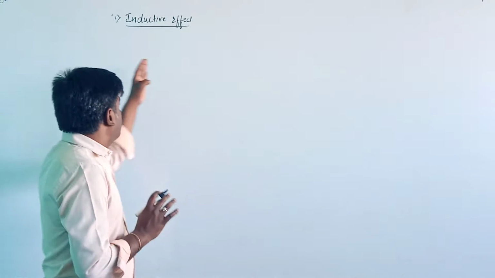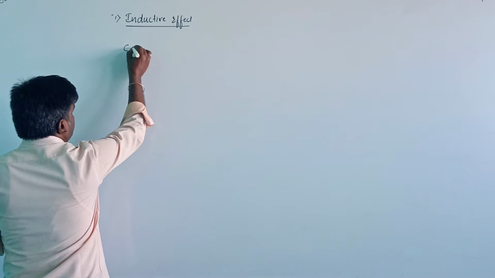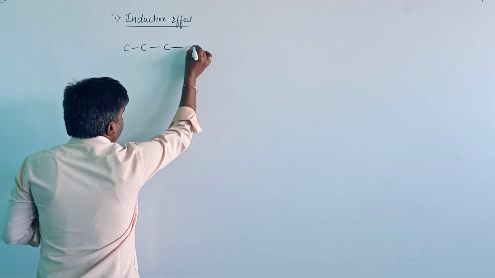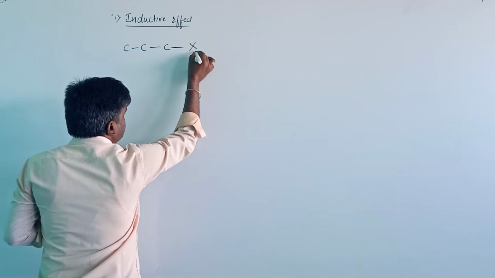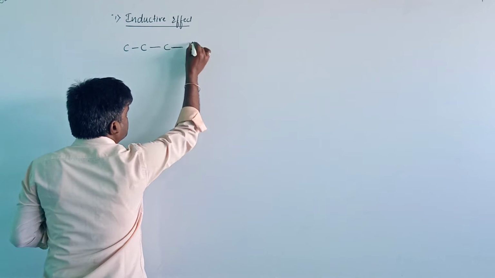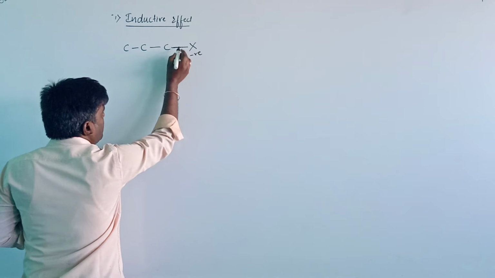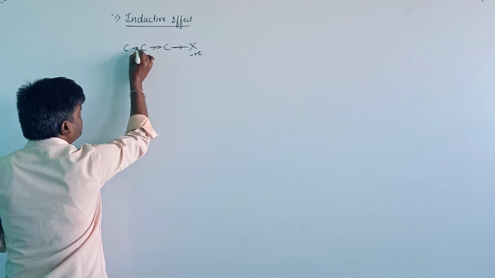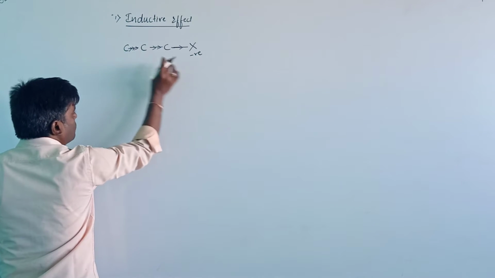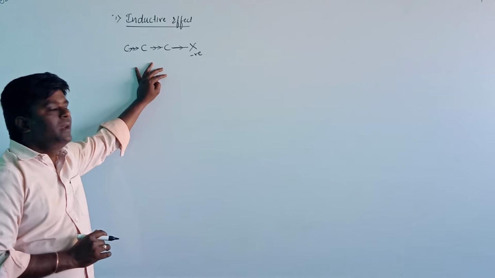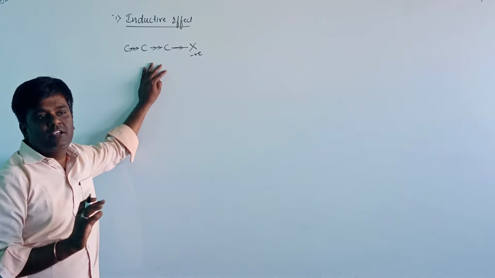Here the carbon chain is H-C-C-C. When the more electronegative species is attached to the carbon chain, the movement of electrons will take place towards the more electronegative species along the carbon chain. Then it is known as an inductive effect.